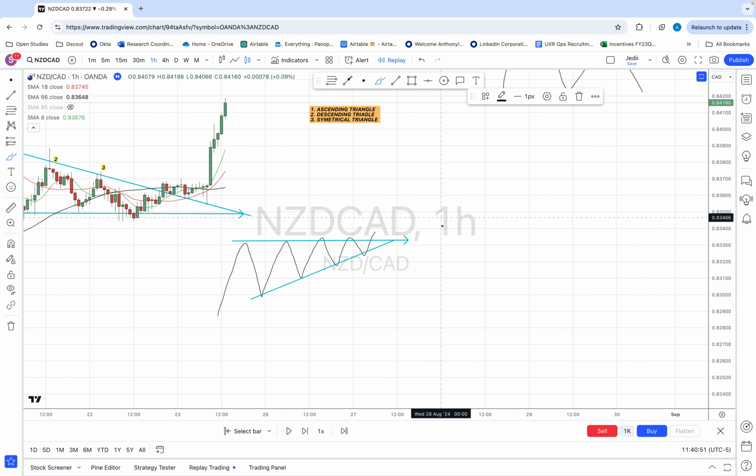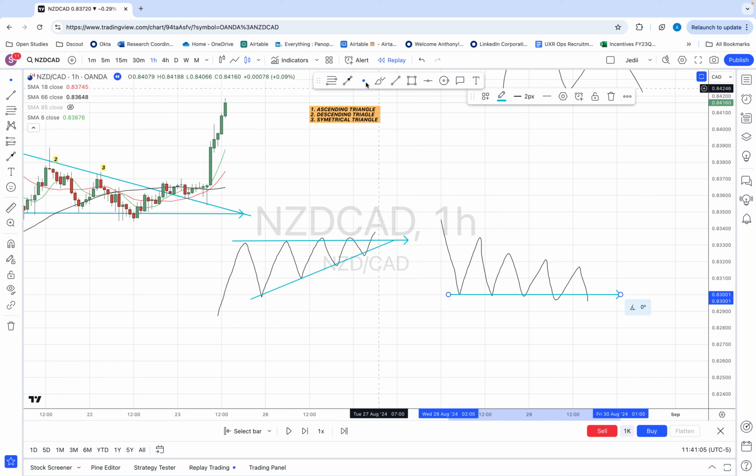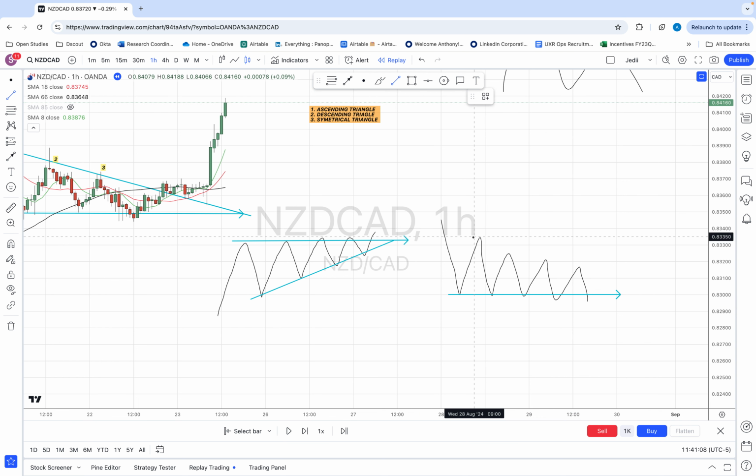So the market's doing this. You have a support level that you have drawn, and then you have a trend line or counter trend line at the top, depending on which direction the market was going originally.